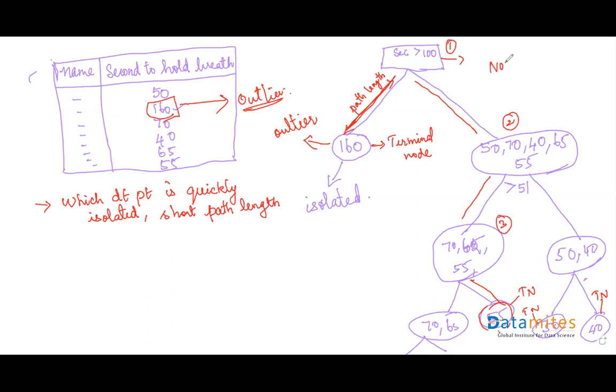So the number of splits for this 55 is 3. And here, for this particular data point, only 1 split was required, right? So the number of splits will always be less for an outlier.